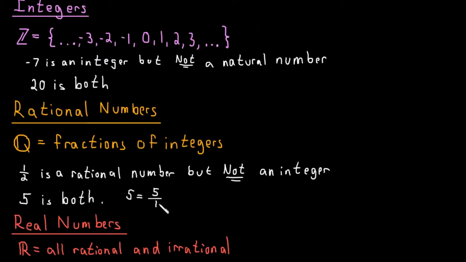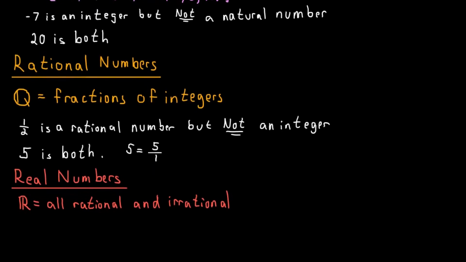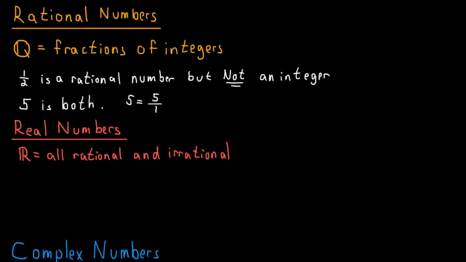Now, 5 is an integer and 1 is an integer, so we can write 5 as a fraction of integers. So 5 is a rational number and an integer. In fact, all the integers are rational numbers.